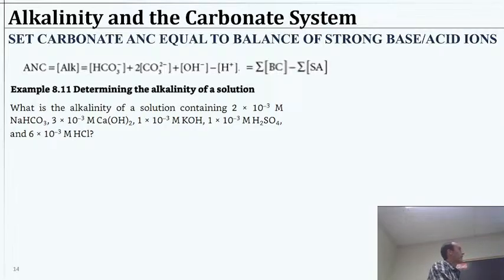What is the alkalinity of a solution containing 2 times 10 to the minus third moles per liter of NaHCO3, 3 times 10 to the minus third moles per liter of lime, calcium hydroxide, Ca(OH)2, 1 times 10 to the minus third moles per liter of potassium hydroxide, KOH, 1 times 10 to the minus third moles per liter of sulfuric acid, and 6 times 10 to the minus third moles per liter of hydrochloric acid, HCl.